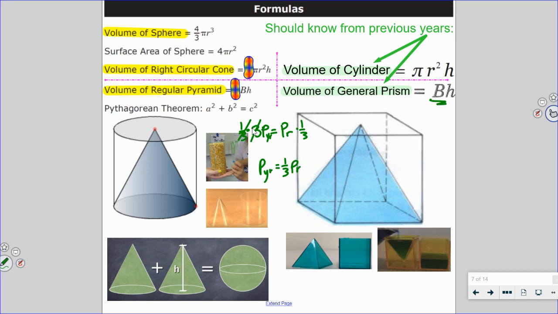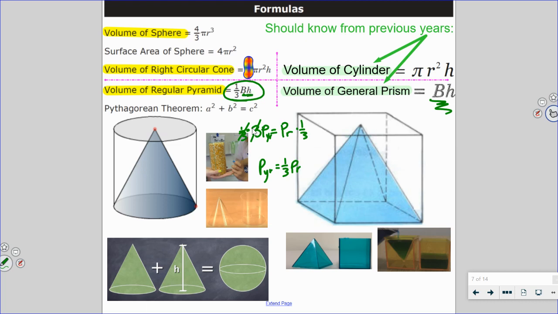And since we already know what a general prism is like, that means to find the volume of a pyramid, you should take 1/3 of the area of the base, sometimes it's a square, sometimes it's a rectangle, sometimes it's a triangle, multiplied by its height.